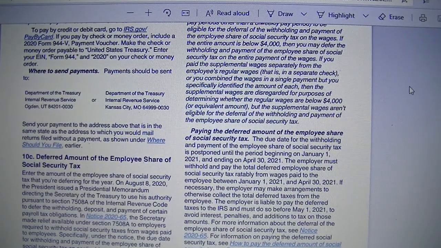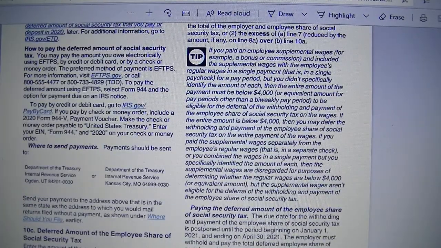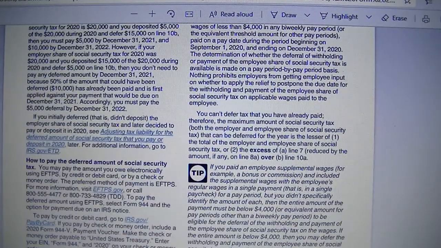So what I'm looking for is the date. I wanted to make sure of the date for the employer, which is from March 27. Let's see what they are saying.